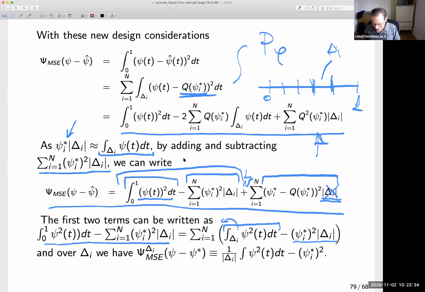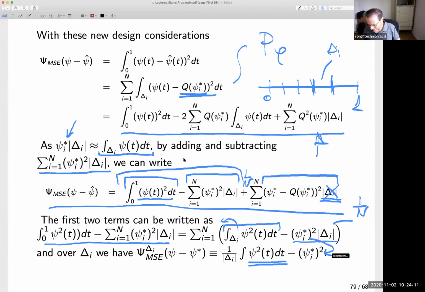Now within each interval, what we can say is that the energy is equal to that guy. And because I have 1 over n here, I can just plug it outside, and then I have the squared signal here.